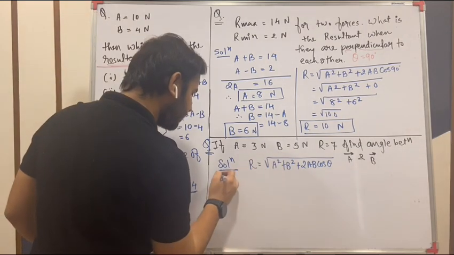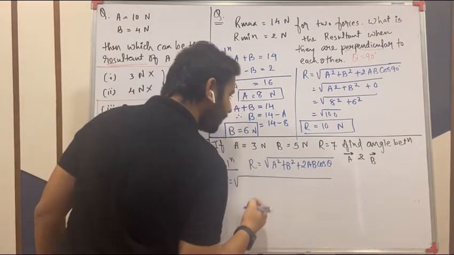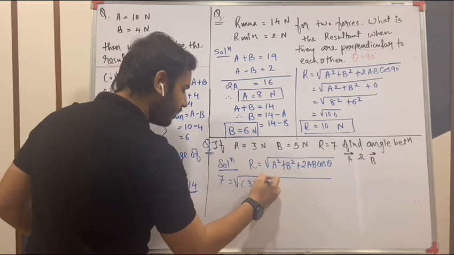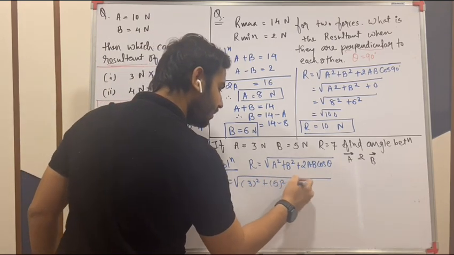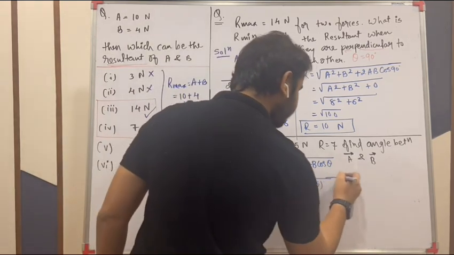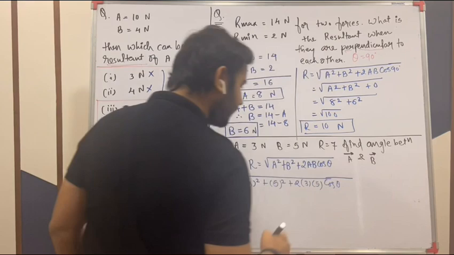Value of R is given 7. Under root A square, this is 3 square, A is 3. 5 square plus 2 into 3 into 5 into cos theta.